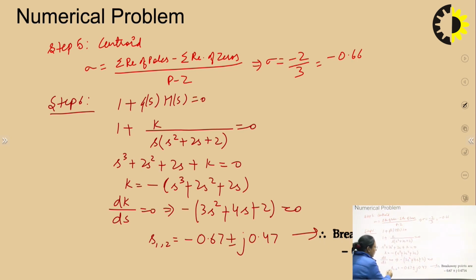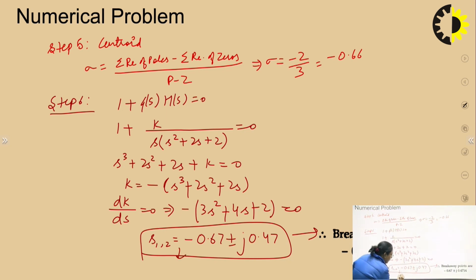Since we know that the breakaway point lies only on the real axis, this is not a valid breakaway point. This is an invalid breakaway point, right? If I get the value of s as a real value, then that value should be put in the equation of K, and when I get the value of K as positive, that root will be the exact breakaway point.